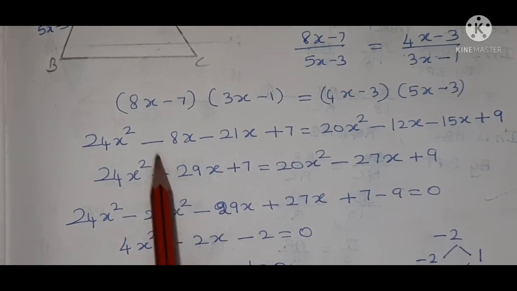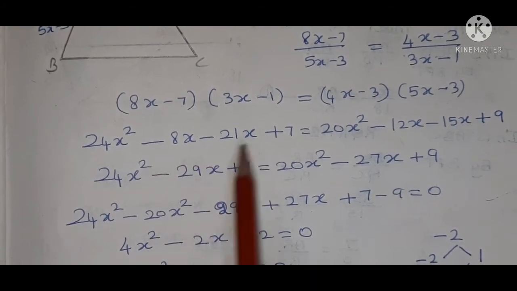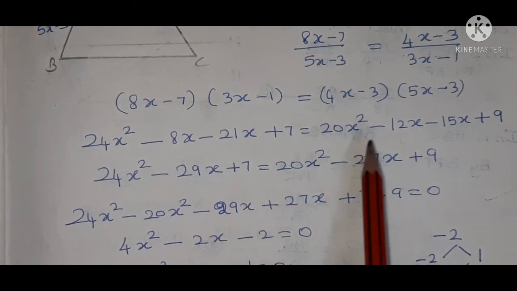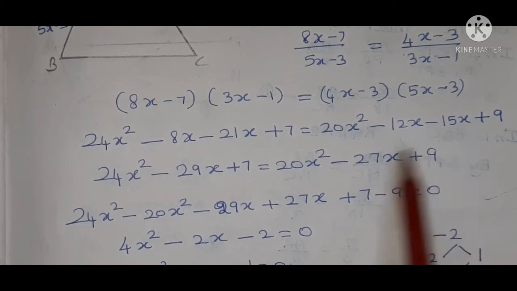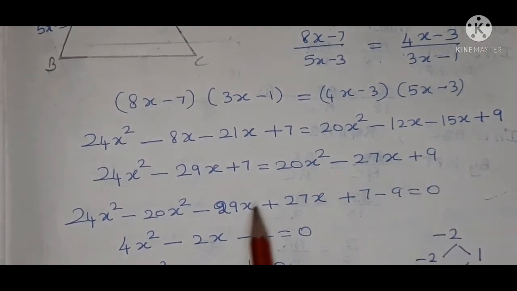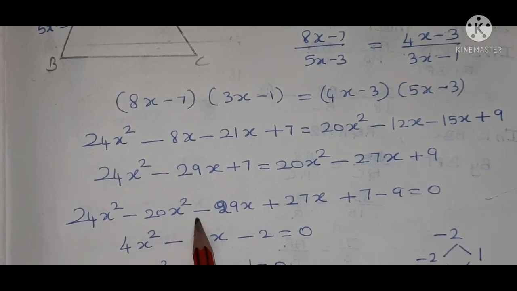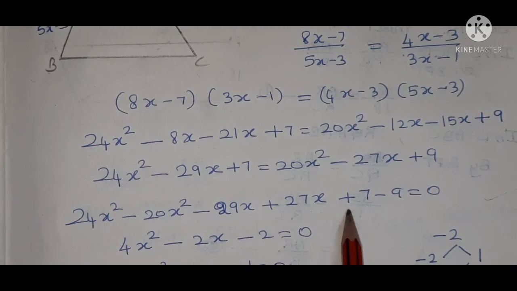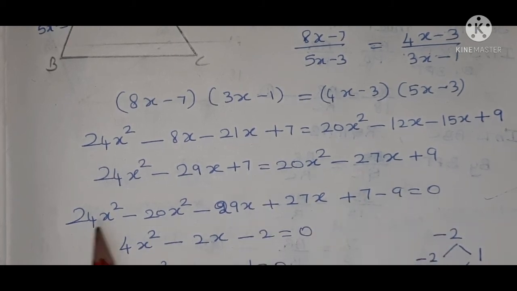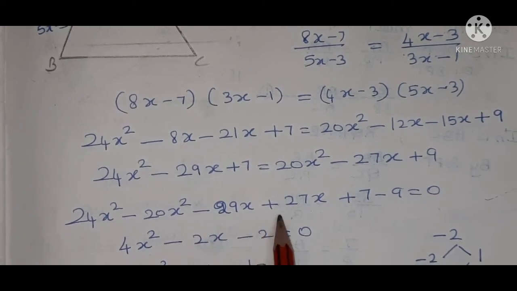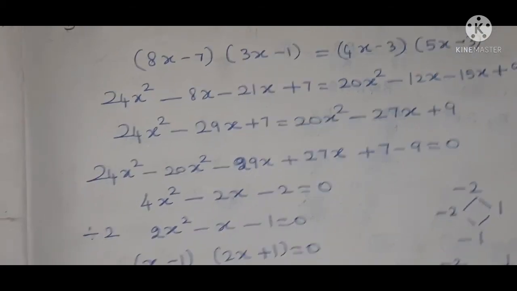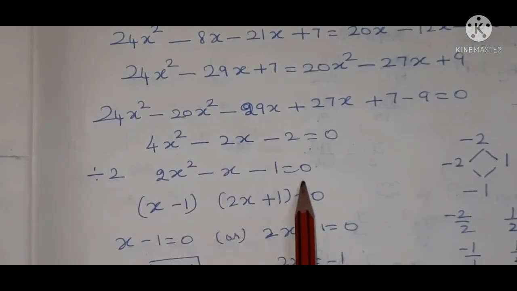So 24x square minus 29x plus 7 is equal to 20x square minus 27x plus 9. 24x square minus 20x square, 4x square; minus 29x plus 27x, minus 2x; 7 minus 9, minus 2, is equal to 0. Divided by 2, we get 2x square minus x minus 1 is equal to 0.